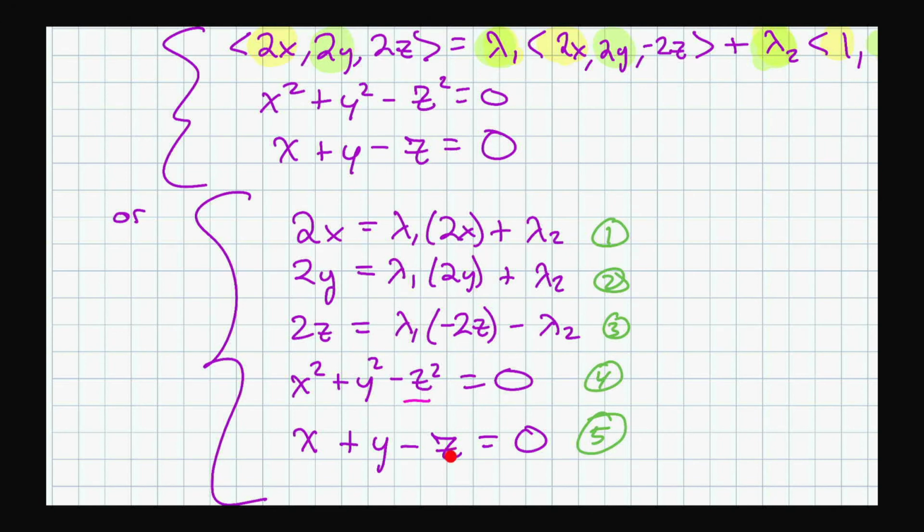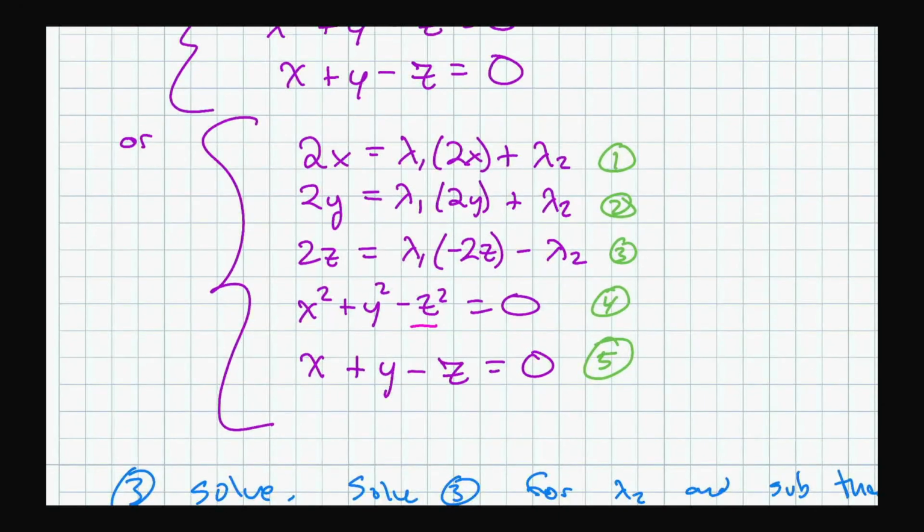That's fine, but that doesn't tell you an answer immediately. If you plug z equals 0 here, you just get 0 equals 0 minus lambda 2, so you find out that lambda 2 is 0. But what else is that going to get me? I don't really care about lambda 2 anyway. It's not immediately obvious what that's going to get me. So I don't like plugging z equals 0 in here.